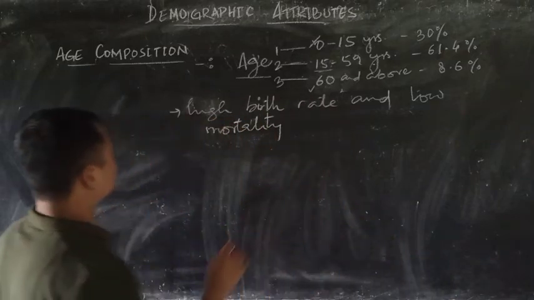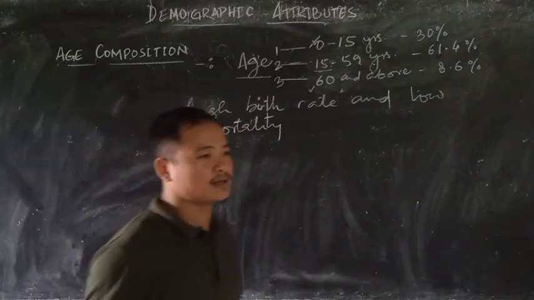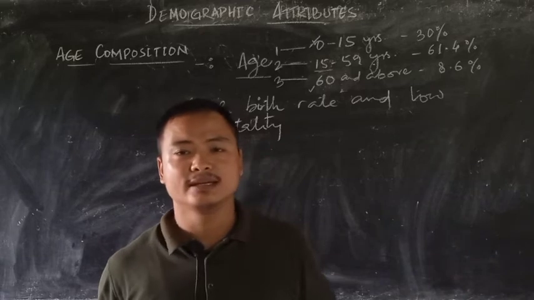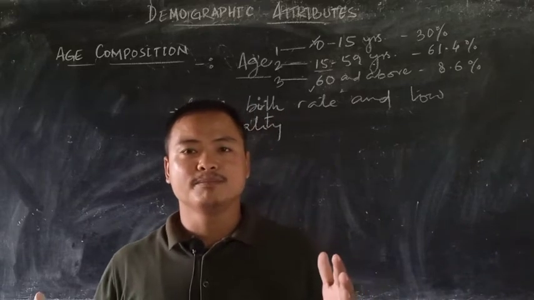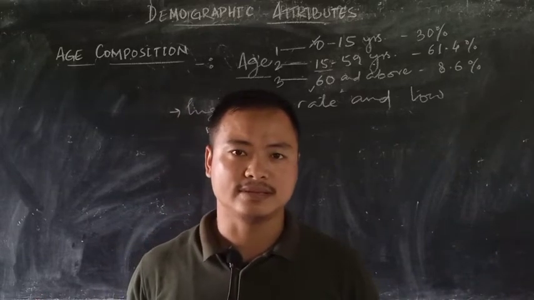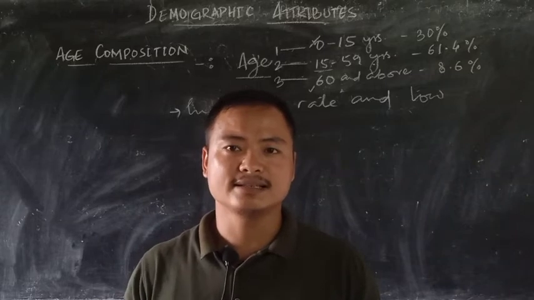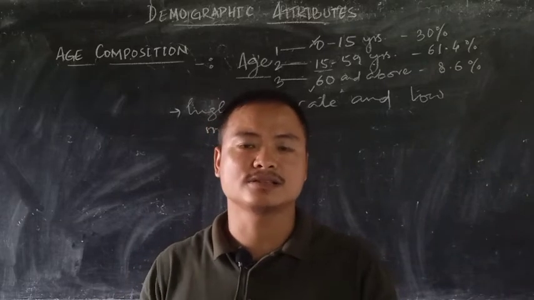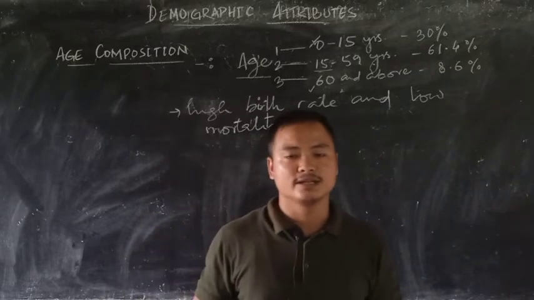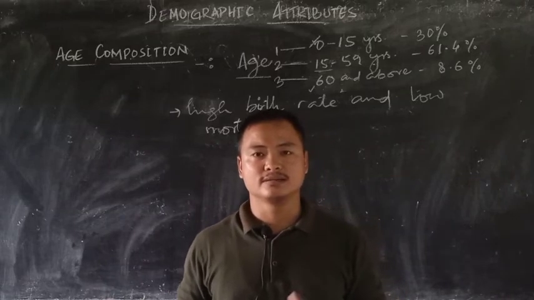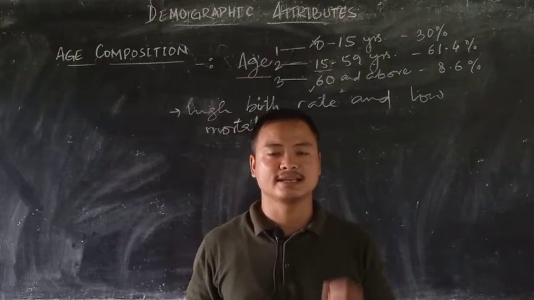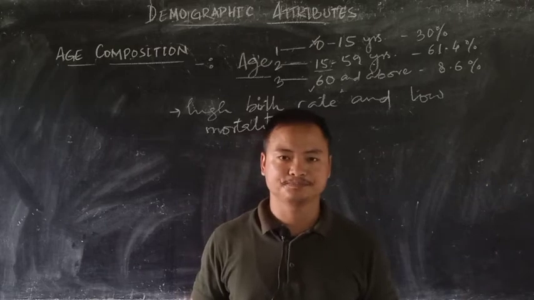So this age composition along with sex composition can very well be shown with a pyramid, which we call the age-sex pyramid. It's a graphical structure that shows the population with both the attributes of sex as well as age.